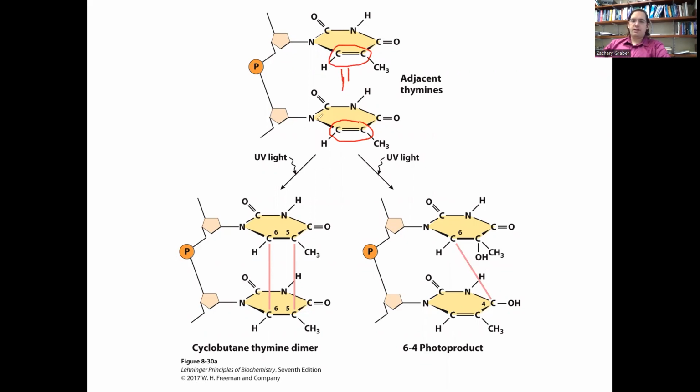So our UV light can actually catalyze this reaction between our double bonds to produce this dimer here, where we've now linked our two double bonds into another cyclic system. There are a couple different ways we can do this. We can also end up breaking that original cyclic system just to create a single linkage here. But the end result is that you have these two bases that are now linked together with a covalent bond.